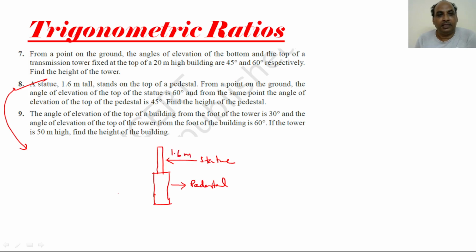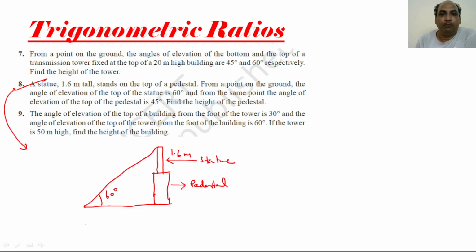Now from a point on the ground, let us take this point which is on the ground. The angle of elevation of the top of the statue is 60 degree.